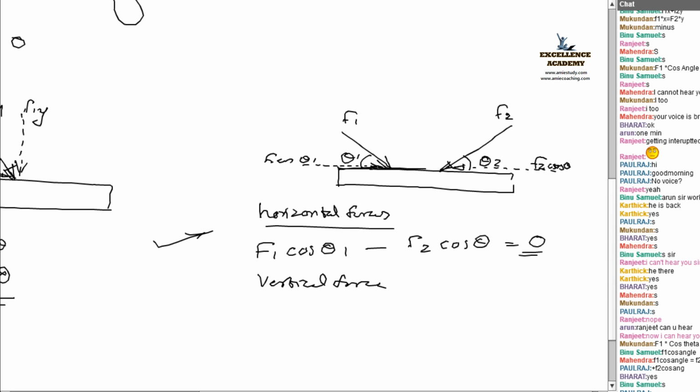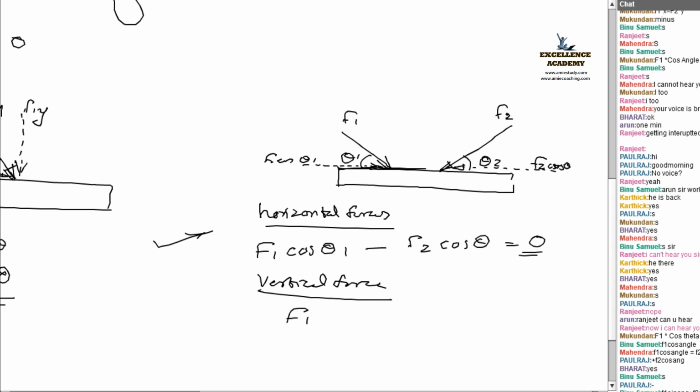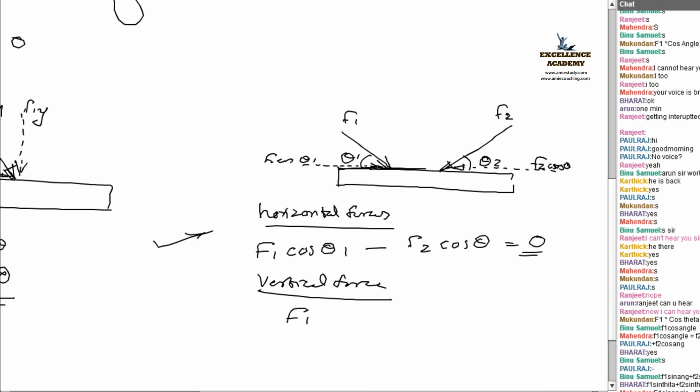Vertical force. F1. Yes, Binu is saying F1 sine angle 1 plus F2 sine angle 2 is equal to 0. Yes, all of you are right. F1 sine angle minus F2 sine angle is equal to 0.